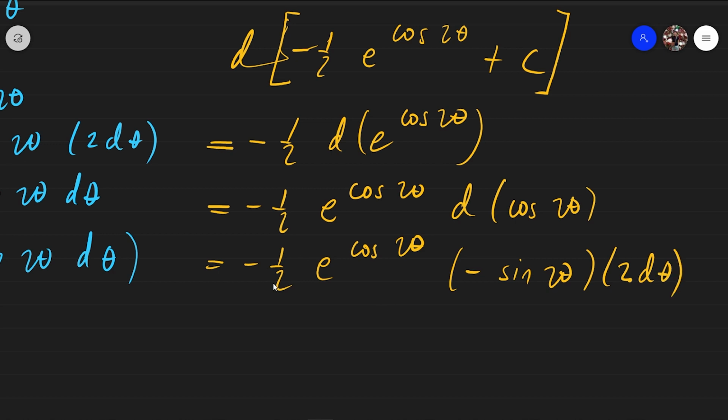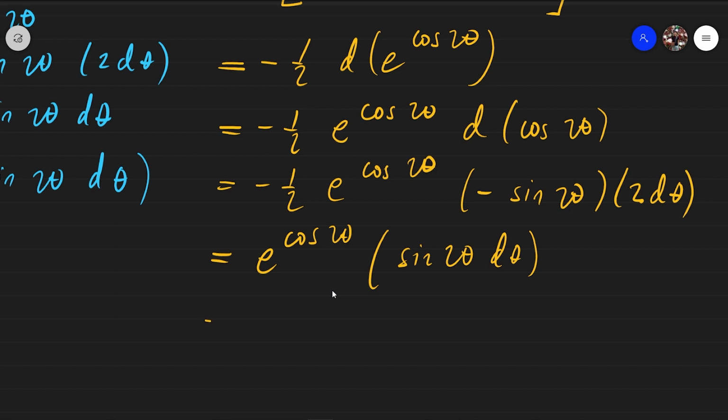Simplifying this further, your 1 half and your 2 right here will cancel out, and your negatives also. What remains is e raised to cosine 2 theta, of course the sine 2 theta d theta. I'll just arrange this: I will write sine 2 theta first, e raised to cosine 2 theta d theta.